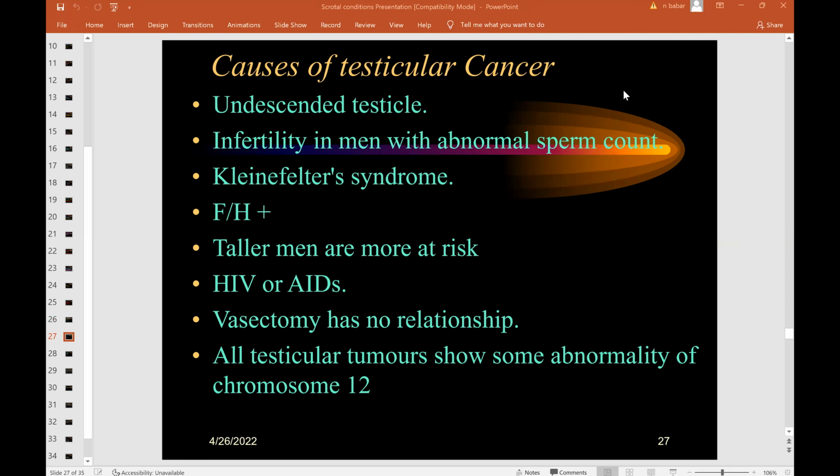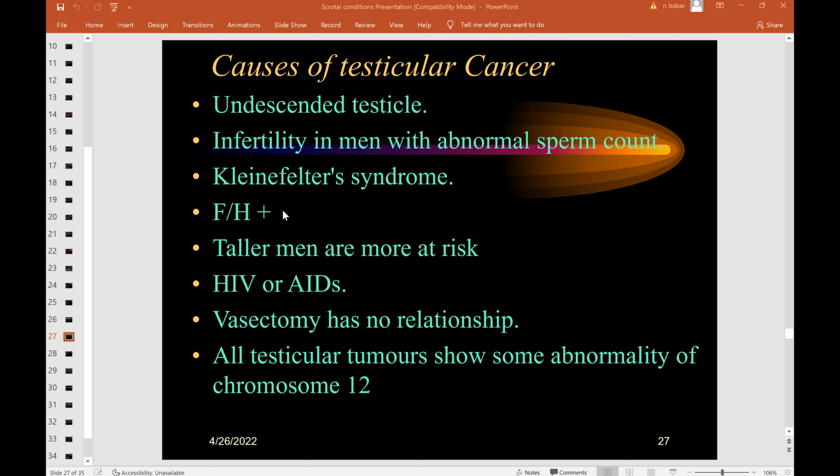What could be the possible causes of cancer? The commonest association is seen in undescended testicle. Also, men who are infertile and have abnormal sperm counts have a higher incidence of testicular cancer of a germ cell nature. Patients with Klinefelter syndrome have a higher incidence of germ cell tumor.